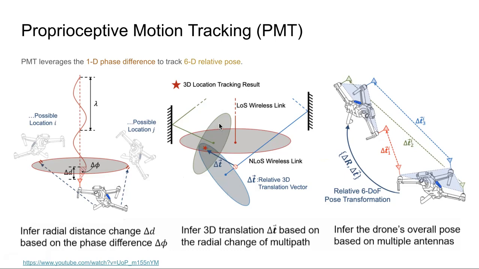Furthermore, and so forth, the intersection of these different planes from the line of sight and non-line of sight multipath links lets us triangulate the 3D location, and this is how they do that. They do that from different antennas, so that they can have a better estimation of the 3D location, right?